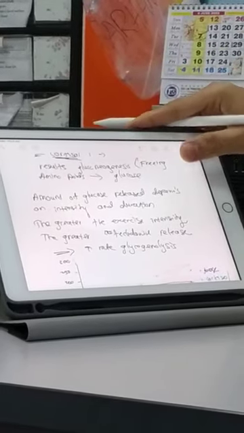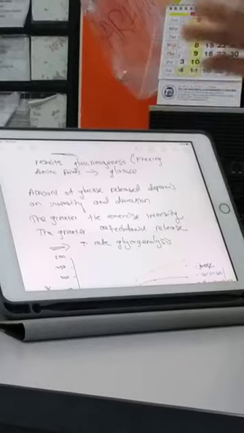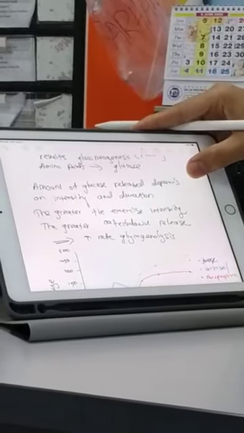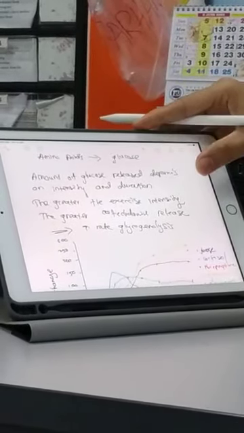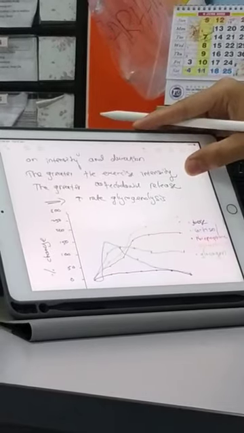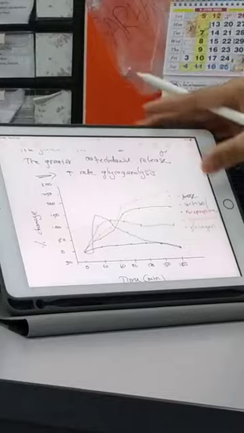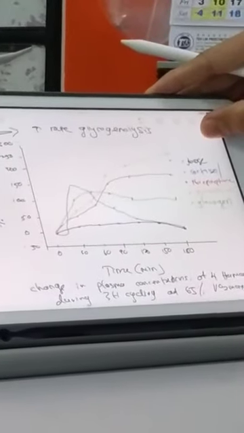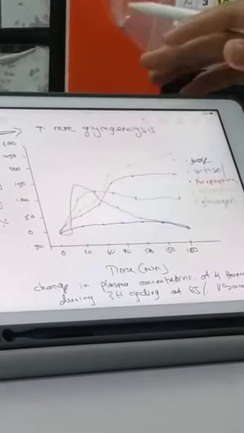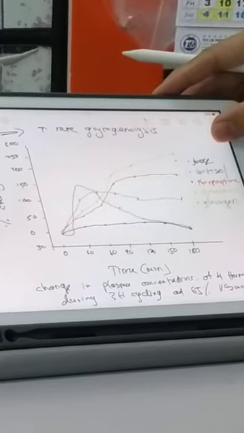The greater the exercise intensity, the greater the hormone release that will occur, so it will increase the rate of glycogenolysis.